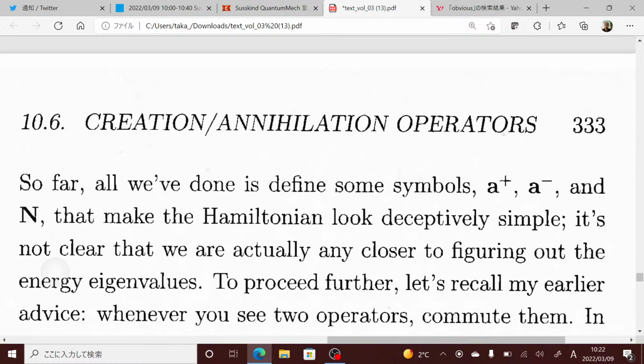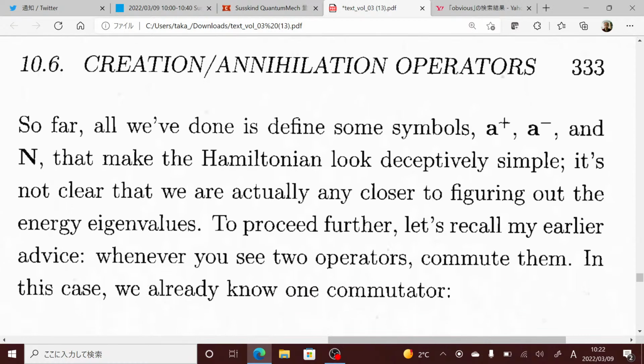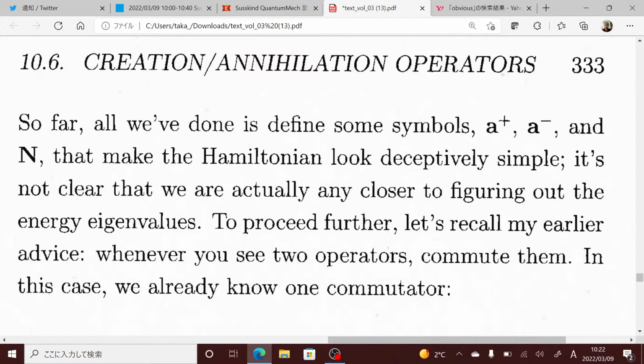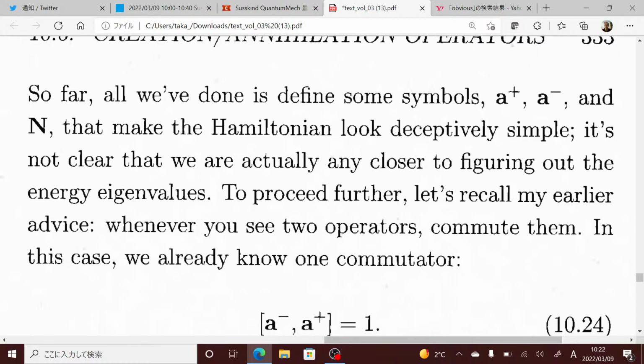So far, all we have done is define some symbols, a plus, a minus, and n, that make the Hamiltonian look deceptively simple.